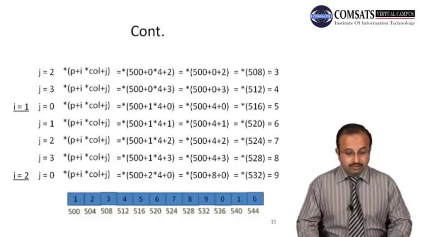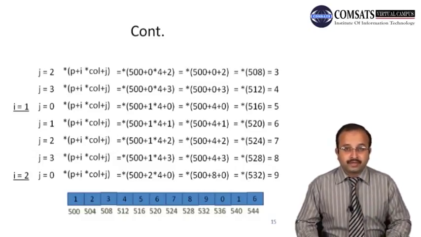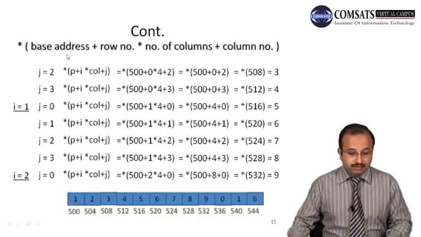So this is how you can access the elements of the two-dimensional array using a pointer. You pass that array to the function by address, and in that called function, that is the display function, you use the pointer to access those elements. So this is the actual formula: the base address plus row number multiplied by number of columns plus column number.